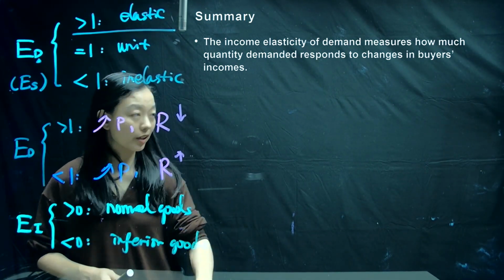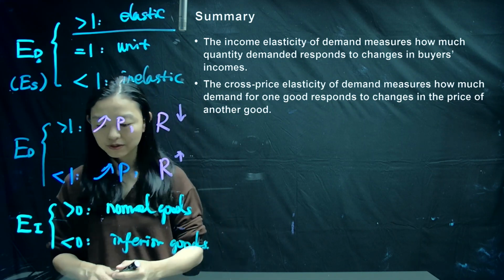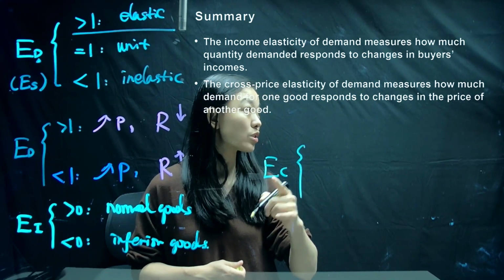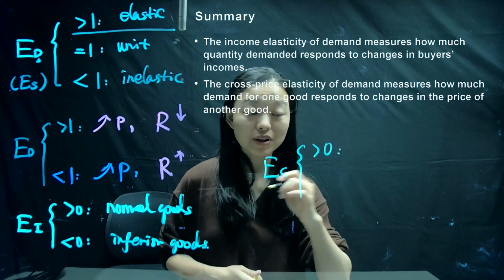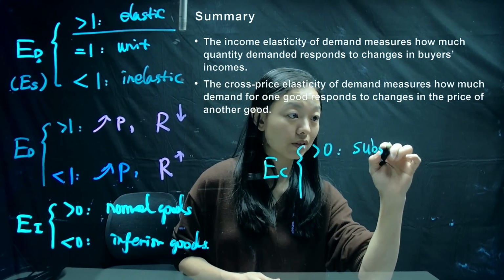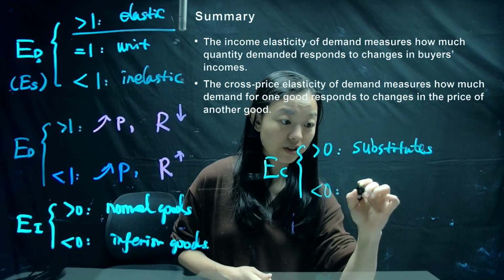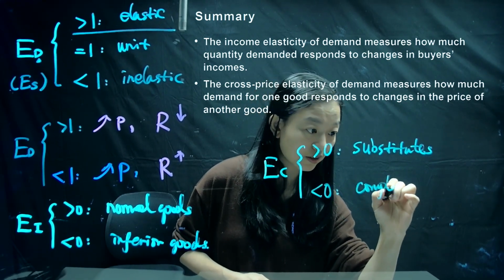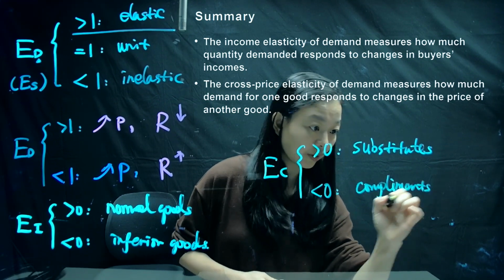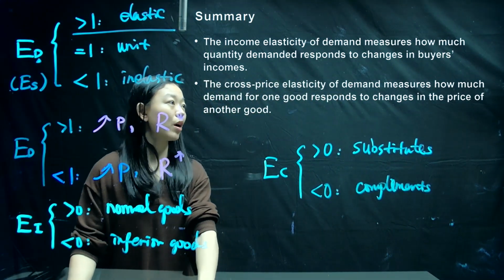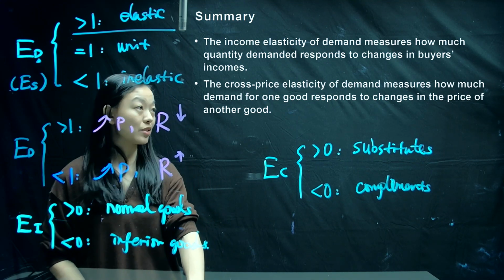And for the cross price elasticity, I emphasize again, if it's positive, it means those two goods are substitutes. If it's negative, it means those two goods are complements. So I think those are the contents that we have learned in this chapter.